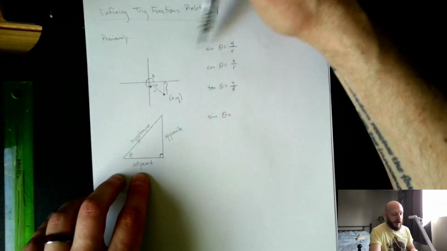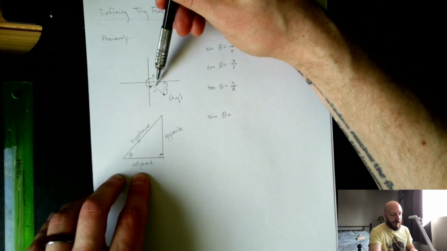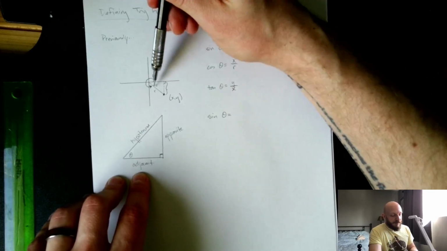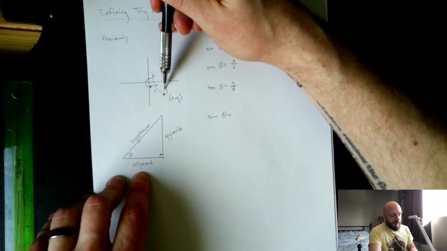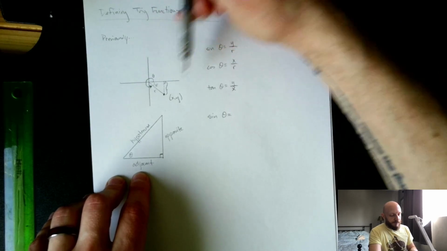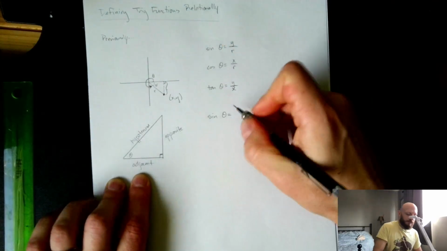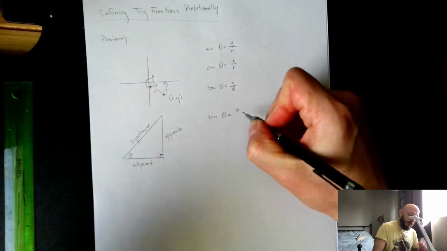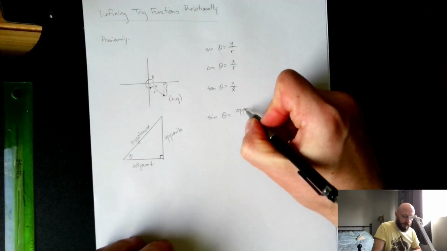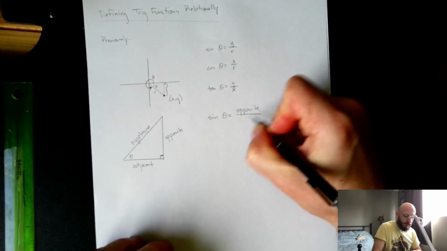Sine of theta is equal to the side that is opposite theta prime divided by the hypotenuse. So sine of theta is y over r, or the opposite side divided by the hypotenuse. So sine of theta in our arbitrary triangle is opposite over hypotenuse.